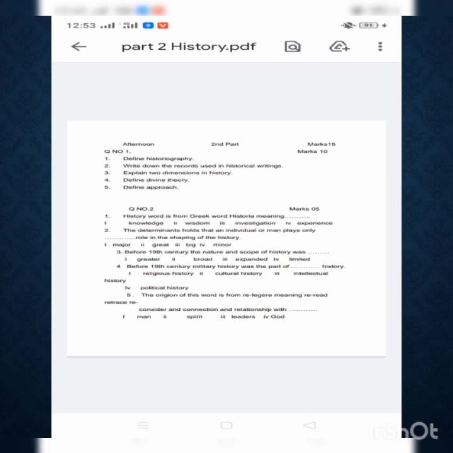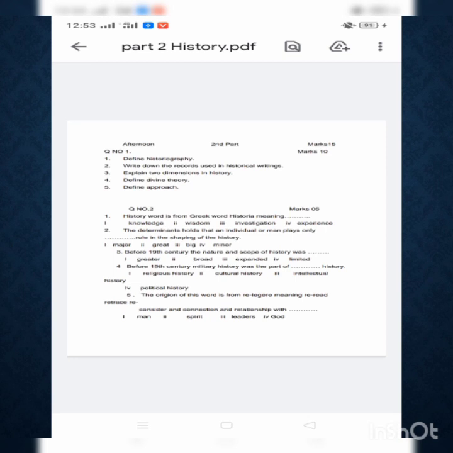Question number 2 is an MCQ type question, so it also contains five questions. Question number 1: the word history is from the Greek word historia meaning dash. Options are given, you have to choose one of the following options. Second part is: the determinists hold that an individual or a man plays only dash role in the shaping of history.